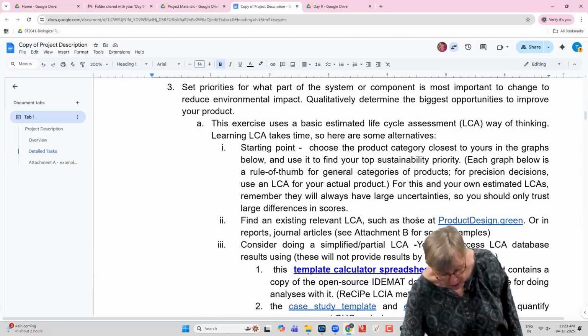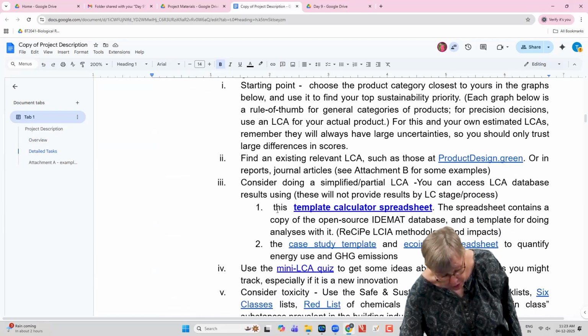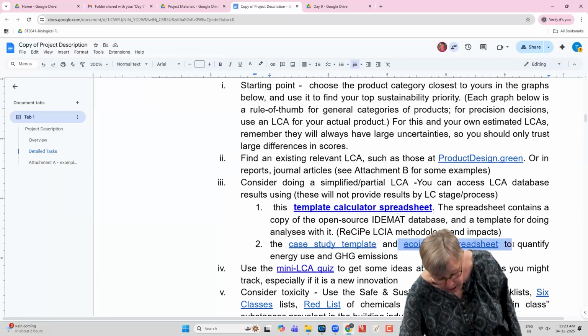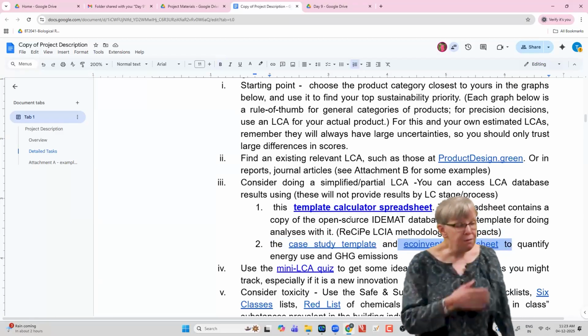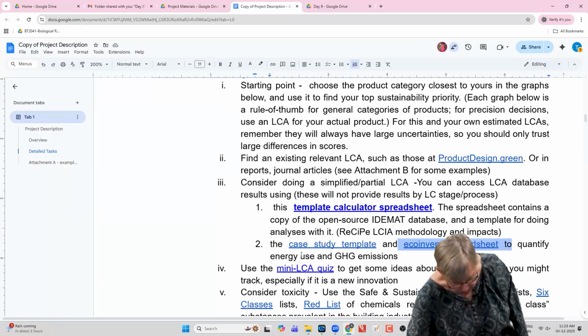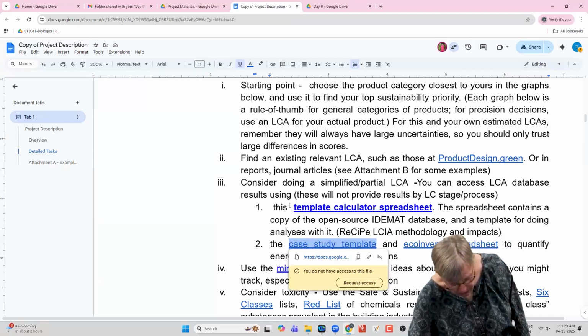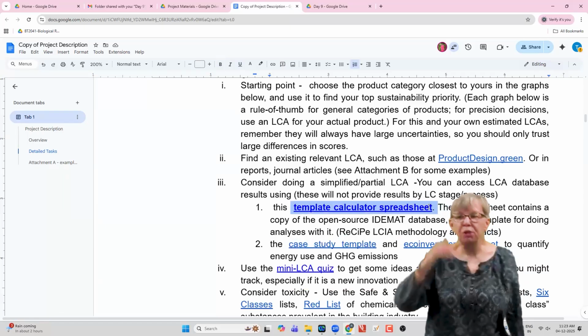And these were the spreadsheets, this spreadsheet, and this spreadsheet. This one has a template that you can use to organize your materials. This one has tabs on it and pages where you can put your results in.